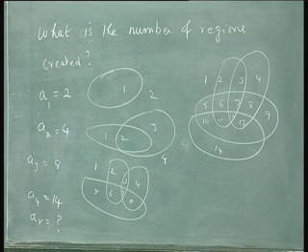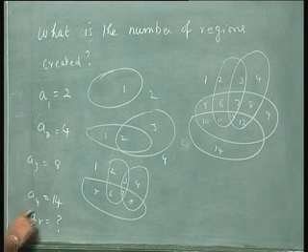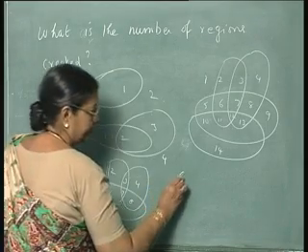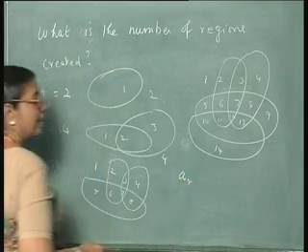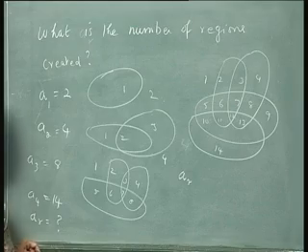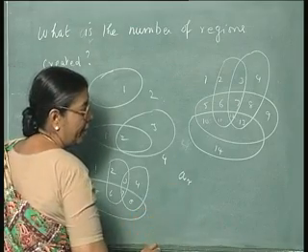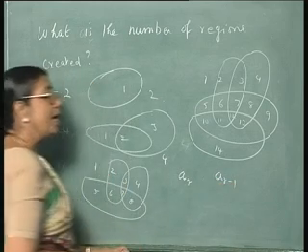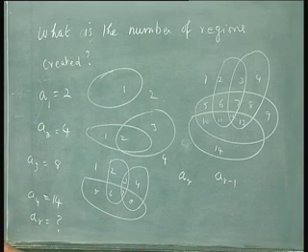The recurrence relation will be like this. Suppose A_r is the number of regions into which the plane is divided when you have r ovals. A_(r-1) will be the number of regions when you have r minus 1 ovals.